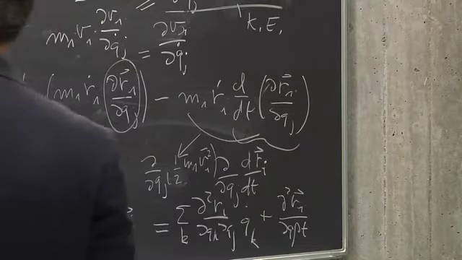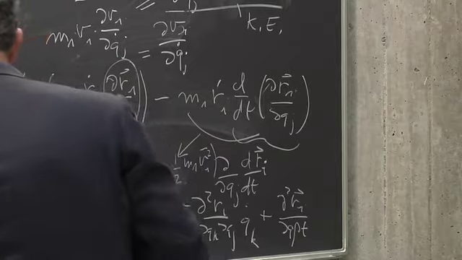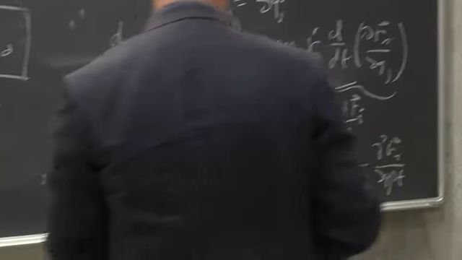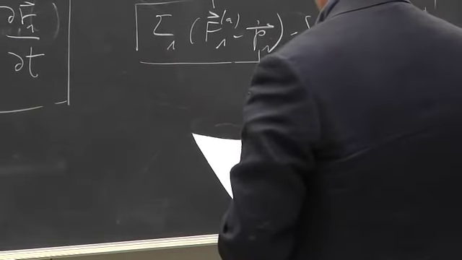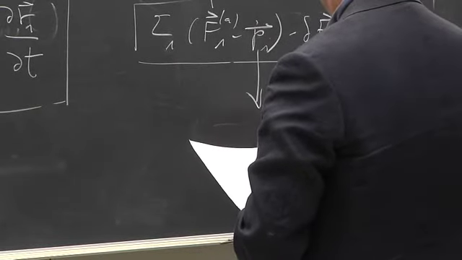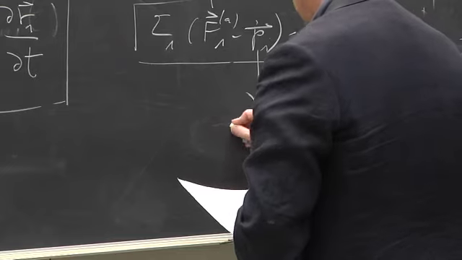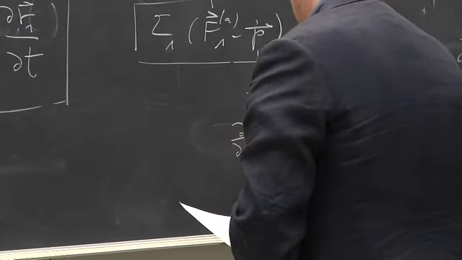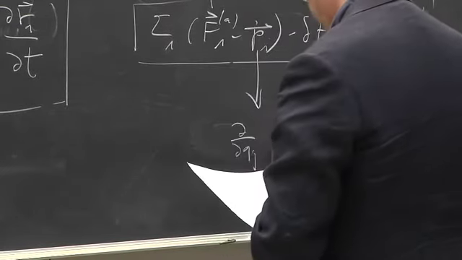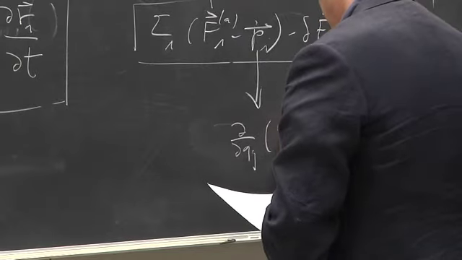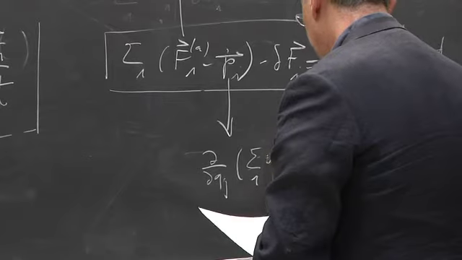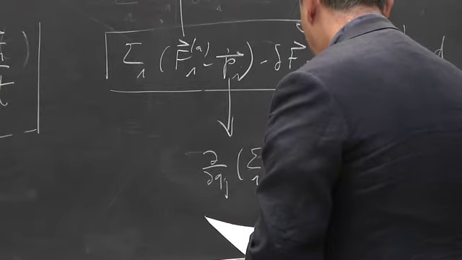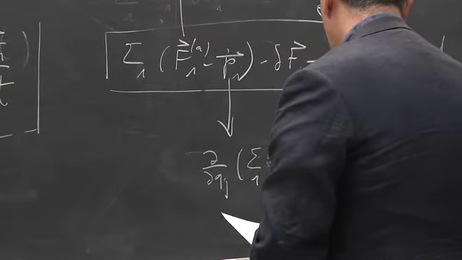So let me stop here, but let me write what I did. I rewrote these two terms. This one is just dqj of the sum of 1/2 mi vi squared.